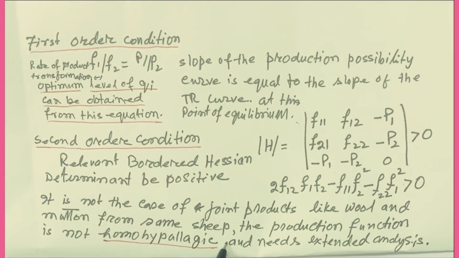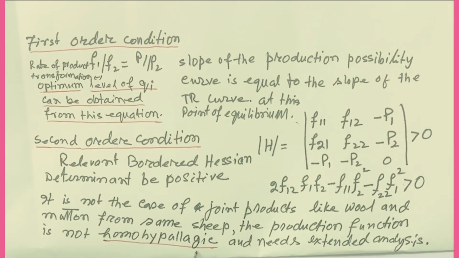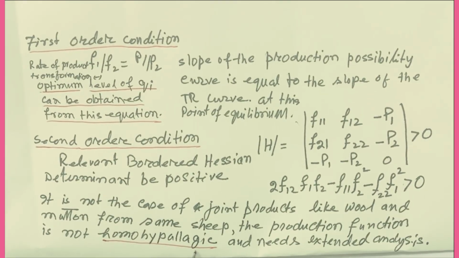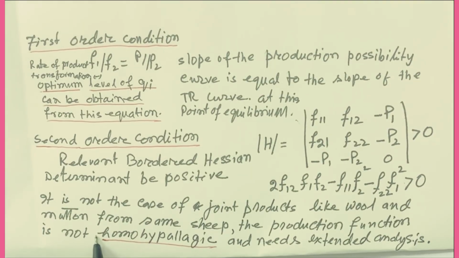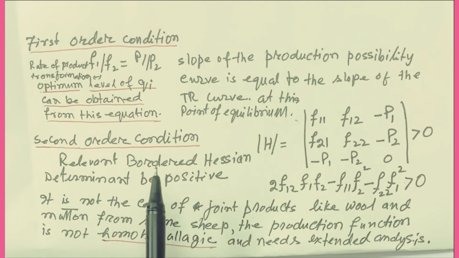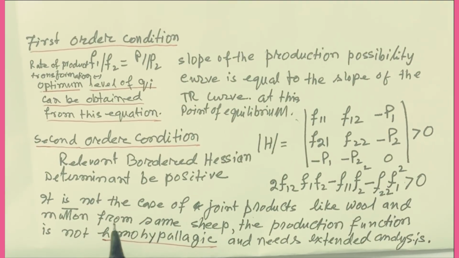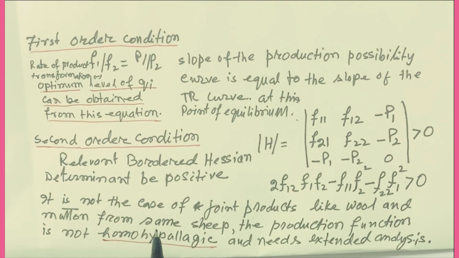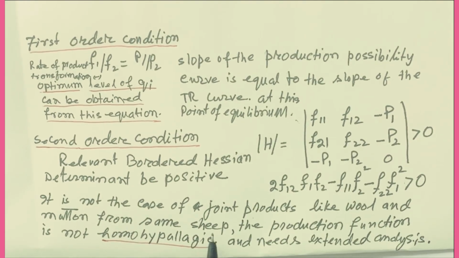In sheep, when it is reared for meat purpose, mutton, and also for wool, the case is different. In this case, simply, the products are separated. We have to combine them at different levels.